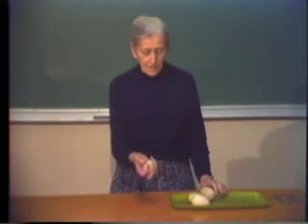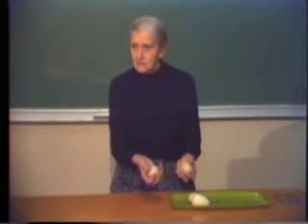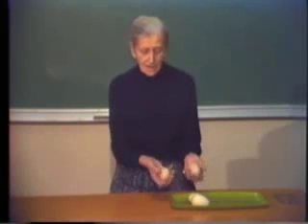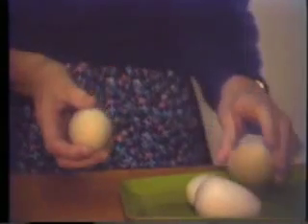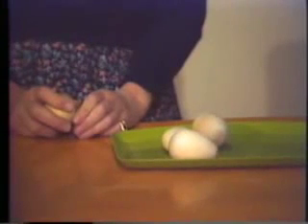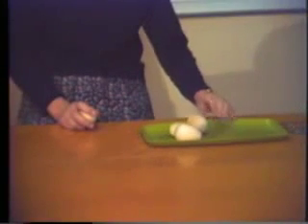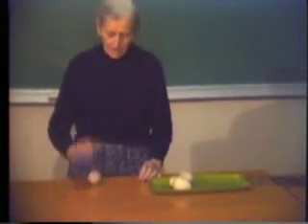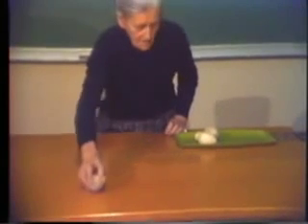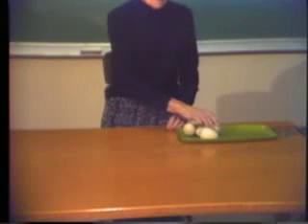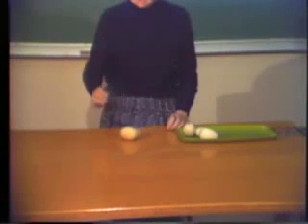Now, another thing, the children then can have this set, which are kept again in a separate container, because they're a different group, and they can feel them and look at them and learn the names. And then another thing they like to do with these is to roll them along the floor. And in rolling them, they see the orbit.